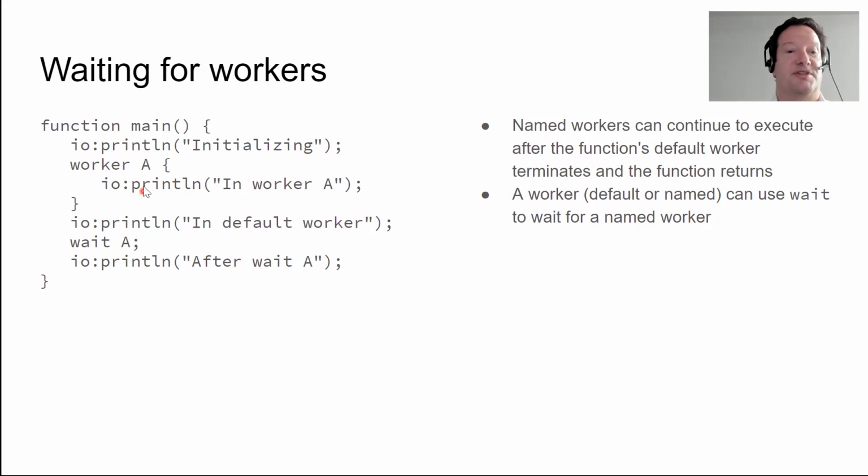If you actually want to wait for a worker to finish before you return from the function, then you have to explicitly wait for it, and you do that using wait. So in this case, we'd initialize, then worker A would execute concurrently with this, and this would then wait for worker A.